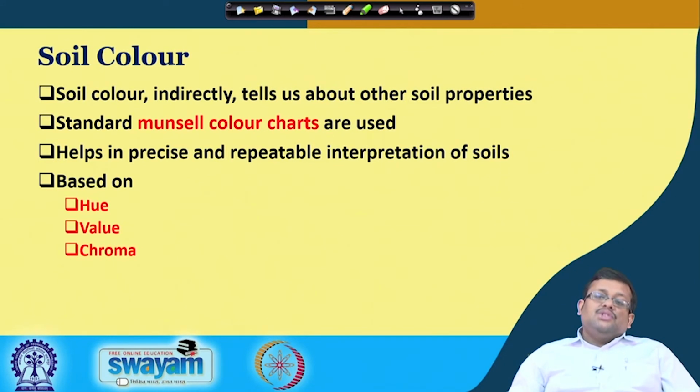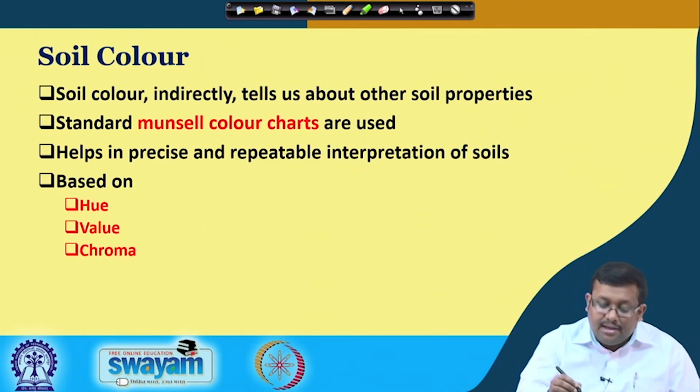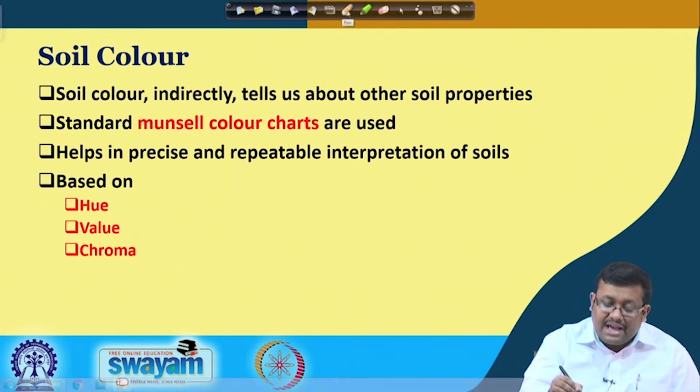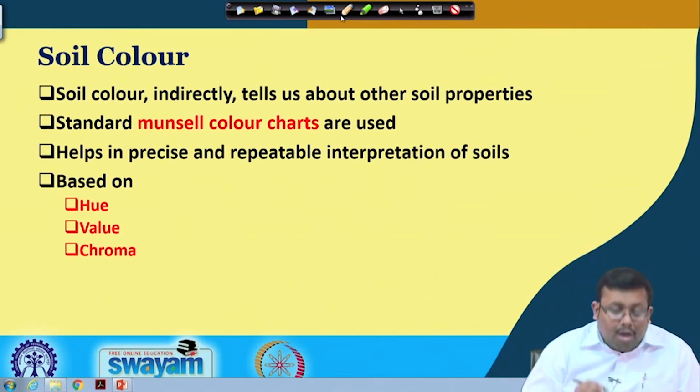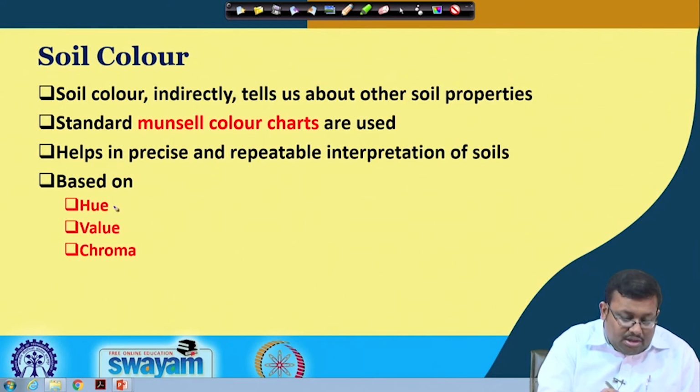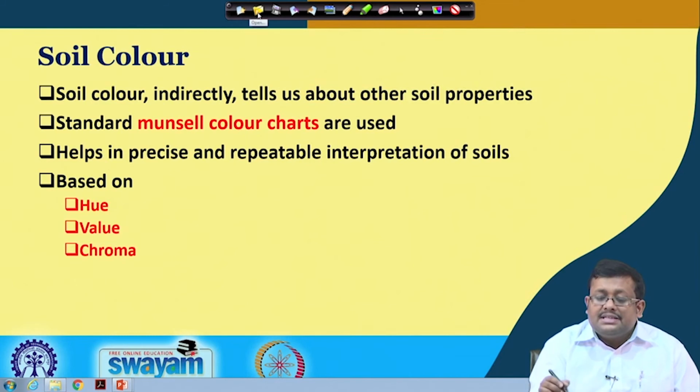The Munsell soil color chart basically relies on three important criteria of color. One is called hue, another is called value, another is chroma. In the next slide we will see what these terms actually represent.